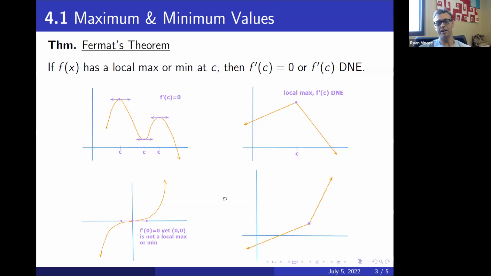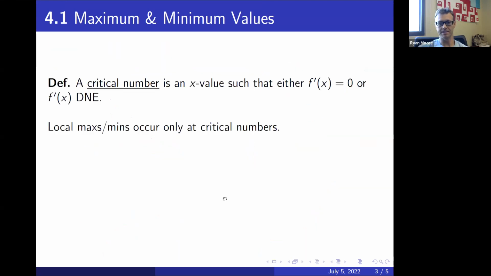So the idea is we'll get a list of all the critical numbers for a certain function. And we would know that any local maximums or minimums that occur would have to be among that list of x values. Now that list might contain other points that aren't local maxes or mins. That's okay. This is where we're going to start our investigation.